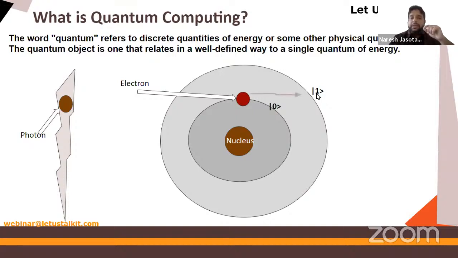Now, if you supply a finite energy to this electron, it moves from the lower orbit 0 to the higher orbit 1. There can be just two orbits, 0 or 1. It cannot be anything else. But if we can control that energy, we can create a quantum computer.